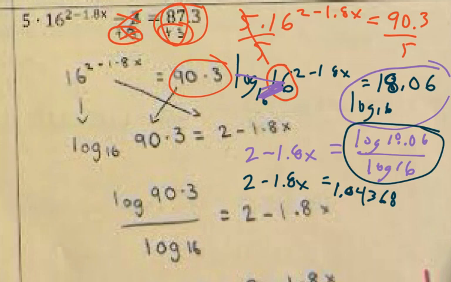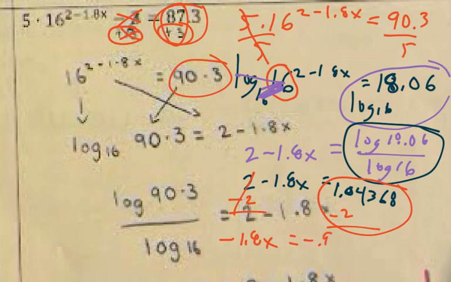Now, to solve this here, we're going to minus 2 both sides. Okay, so negative 1.8x is going to equal whatever this is. So when I took 1.04368 minus 2, I got negative 0.9563.